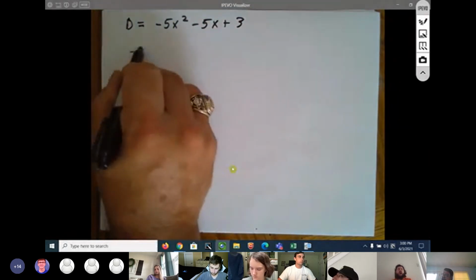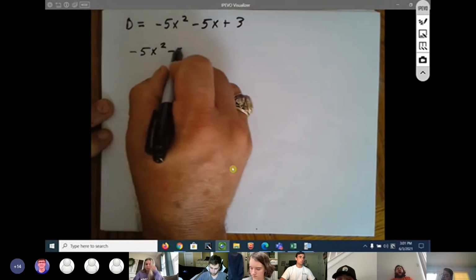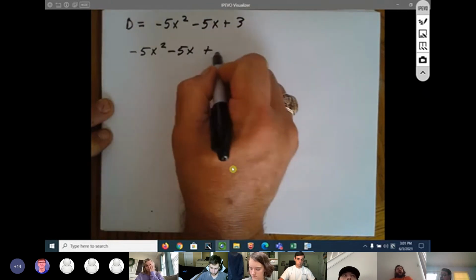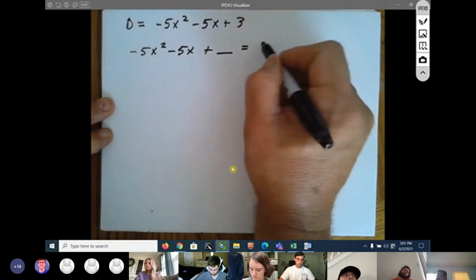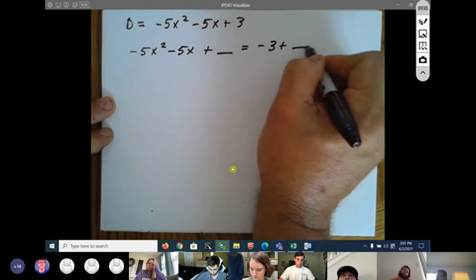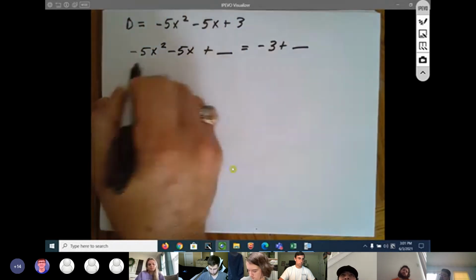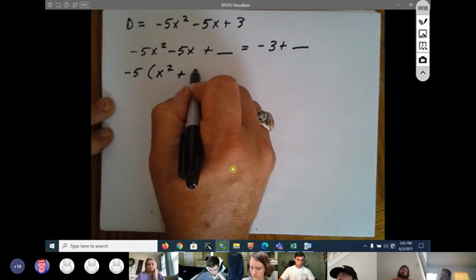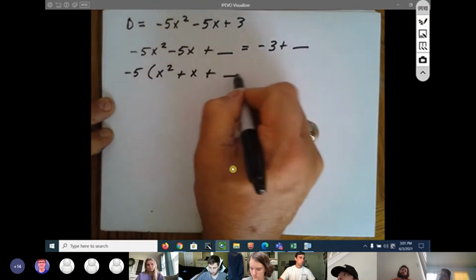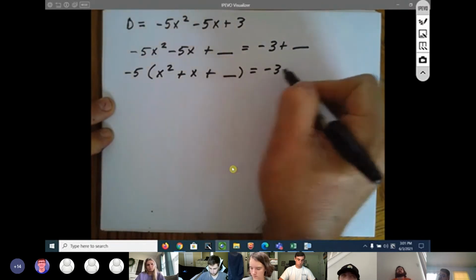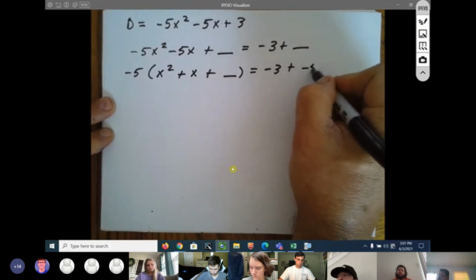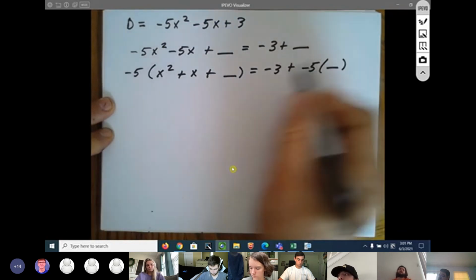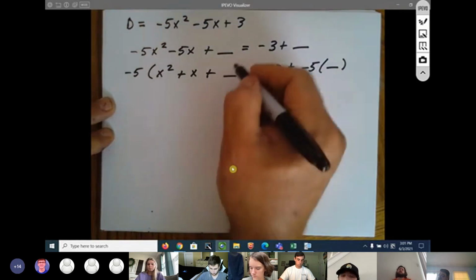That's going to be negative 5x squared minus 5x plus blank is equal to negative 3 plus blank. Factor out the 5. That's x squared plus x plus blank is equal to negative 3 plus negative 5 times blank. Half of 1 is 1/2, squared is 1/4.